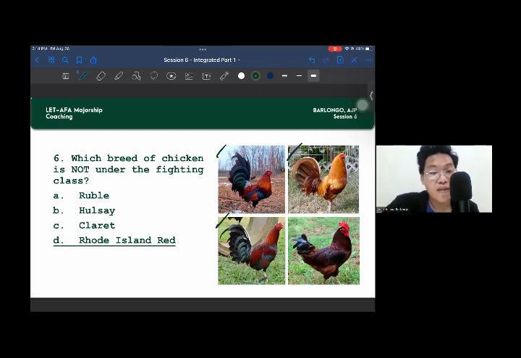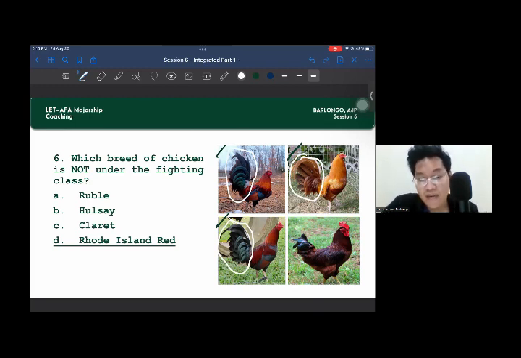So if you will notice, the one quality that is very defined sa mga fighting class is yung kanilang ito. Sobrang defined nung kanilang tails. Ayan. So, these are fighting class.